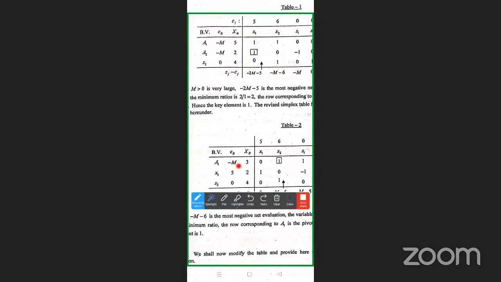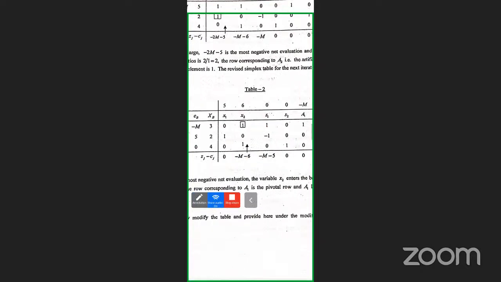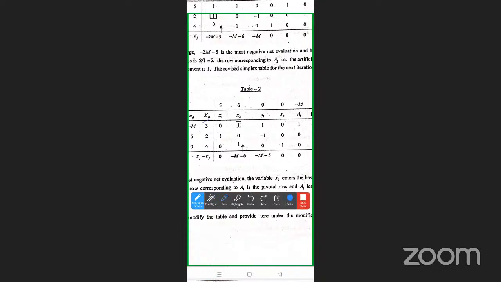Objective function coefficients: minus M, X1 coefficient is 5, S2 is 0. Next, after doing row operations, we get 2, 4. First row changes; second and third rows have no change. So here 5 minus 2 is nothing but 3, 0, 1. After doing row operations, this is the matrix.